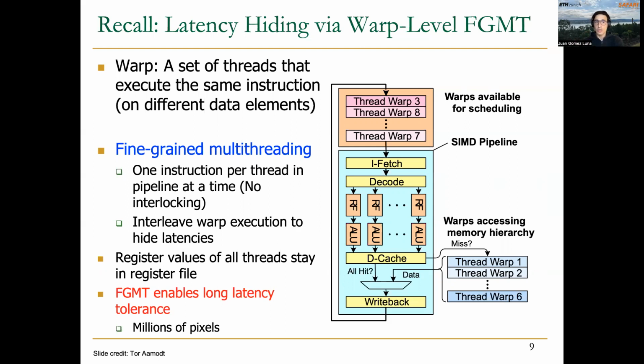And this way, the execution of warps is interleaved on the GPU pipeline, and this fine-grained multi-threaded execution enables long latency tolerance. We can hide instructions that take long latency by executing other instructions in the pipeline. As an example of instruction with long latency, we have the accesses to the off-chip memory, for example.